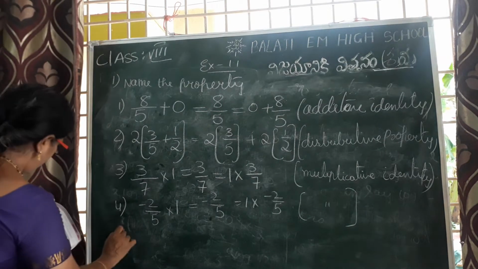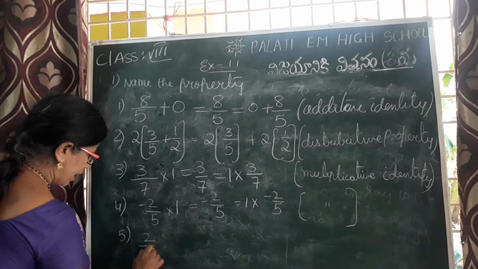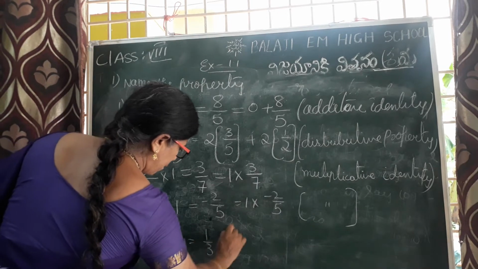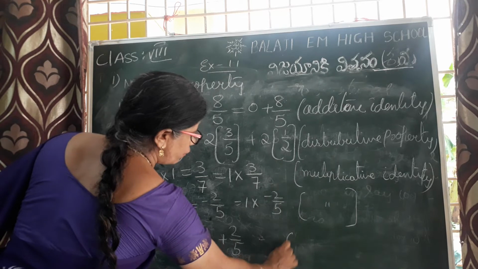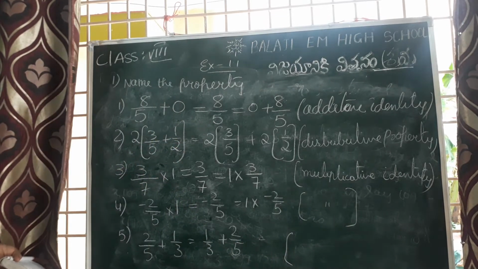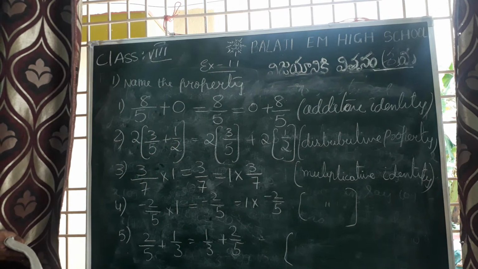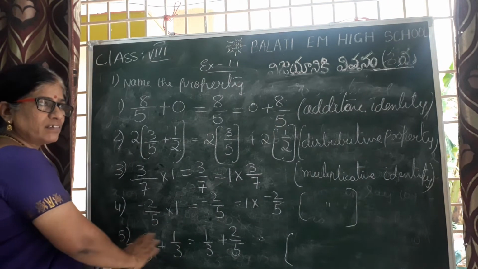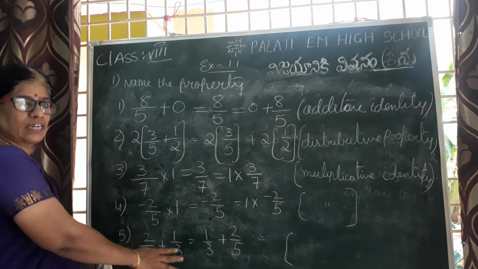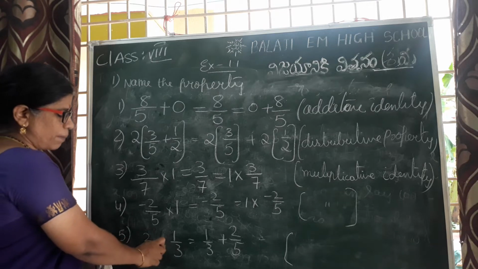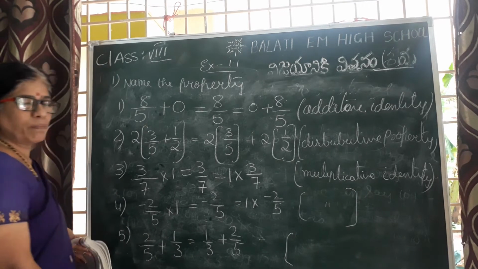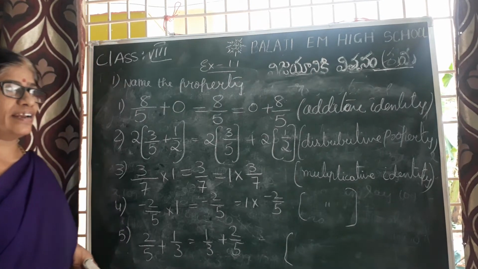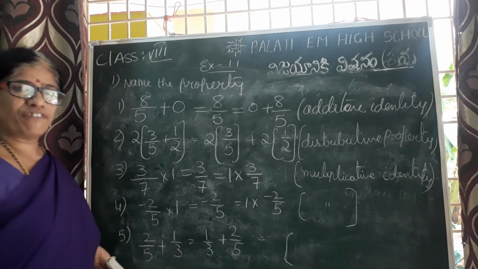Fifth one is 2 by 5 plus 1 by 3 is equal to 1 by 3 plus 2 by 5. Here if you carefully observe, only the order of these rational numbers has been changed. The position of the place has been changed. Already we know the commutative property under addition is applicable in the set of rational numbers.